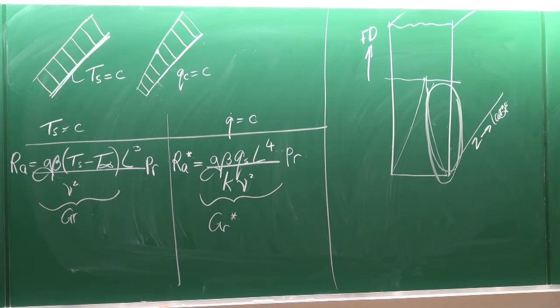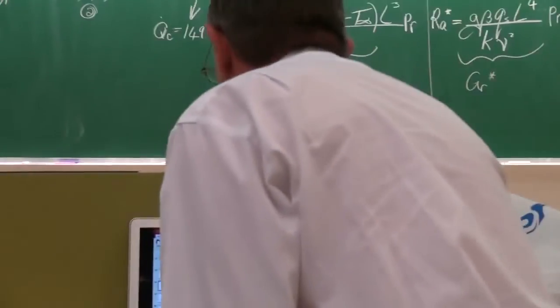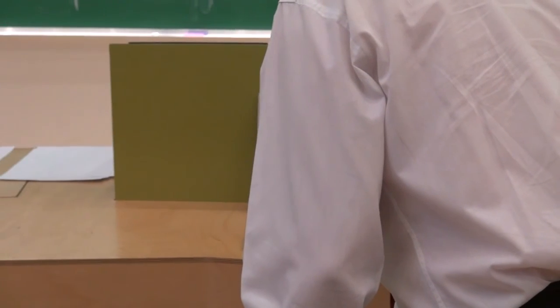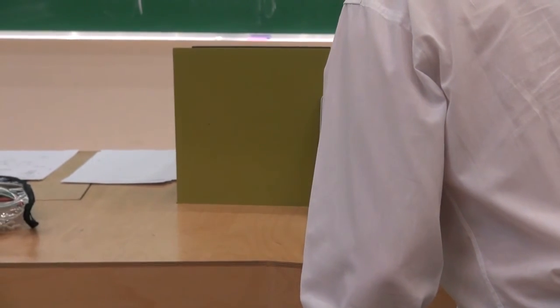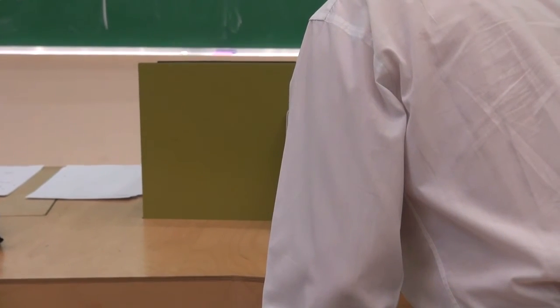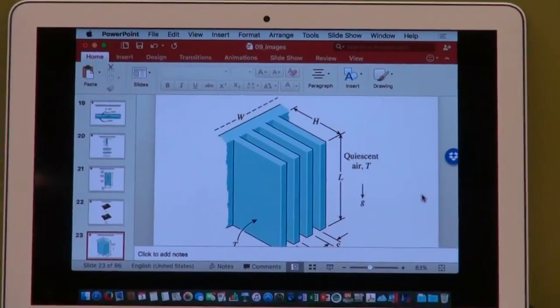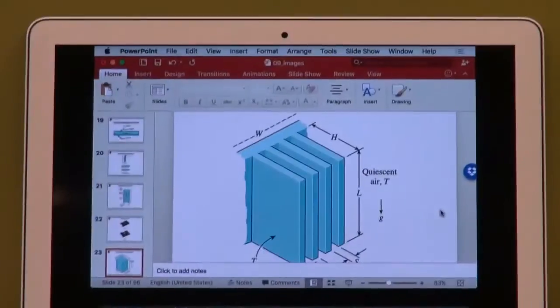Okay, now the next part of the work is about fins. If I can get out of here quickly, let me show you a better sketch. There are many applications of convection heat transfer from electronic components.